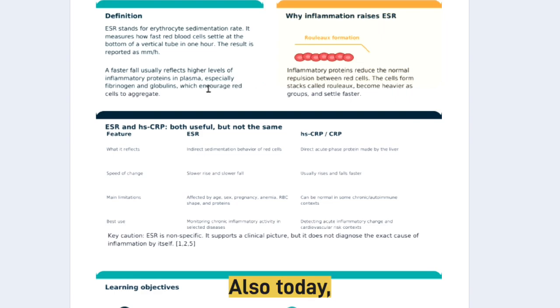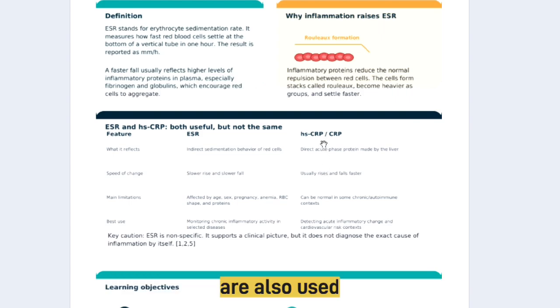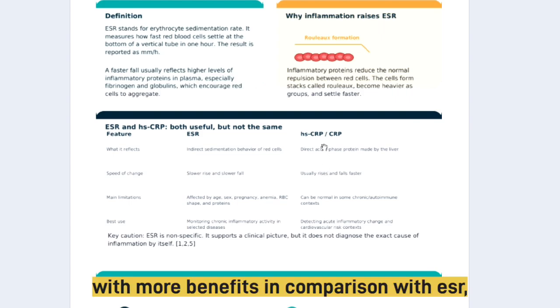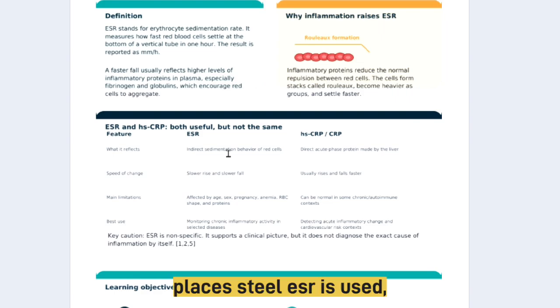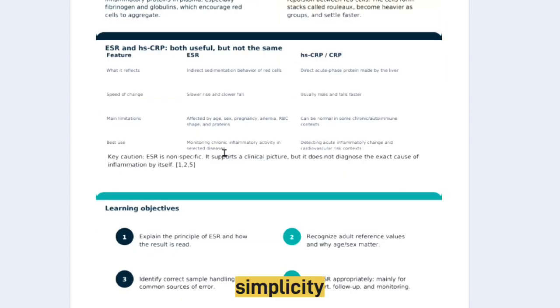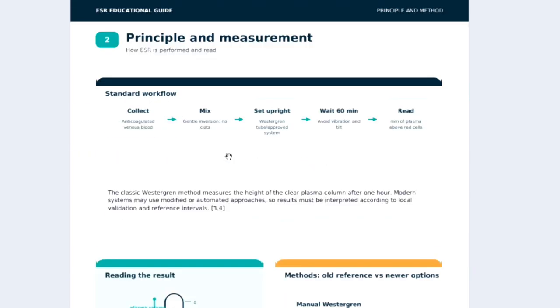Also today, other inflammatory proteins such as C-reactive protein are used with more benefits in comparison with ESR, but in many places ESR is still used because of its simplicity and low cost.